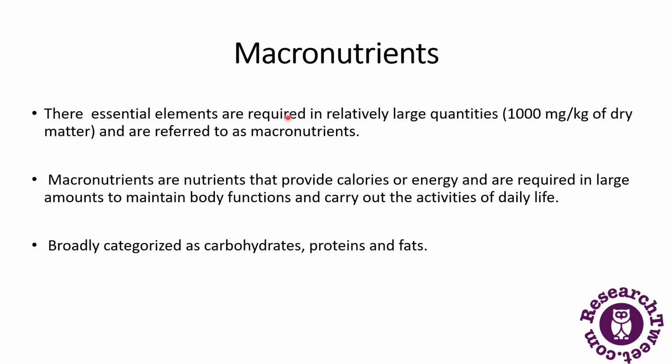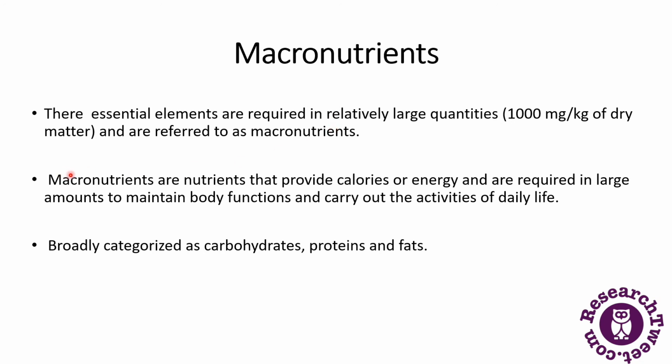Then the macronutrients. The macronutrients are those that are present in large quantities. For example, the value given here is 1000 mg per kg of dry matter, and they are referred to as the macronutrients.